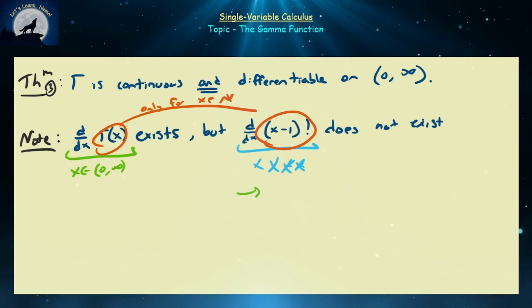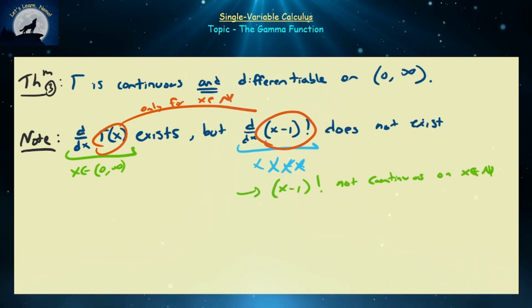Well, obviously, x minus 1 factorial is not continuous on x not in the set of naturals. That means there's gaps between the domain values. And since it's not continuous, moreover, it's not differentiable. Right? Now you can extend it with the gamma, but then you're differentiating gamma, not the factorial.